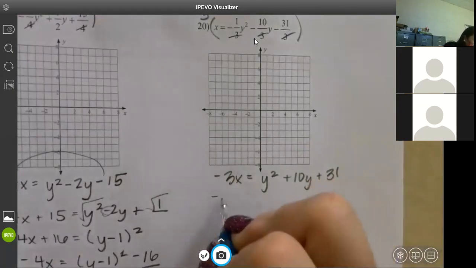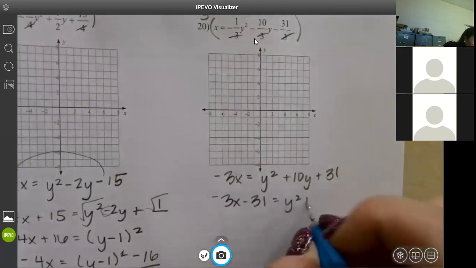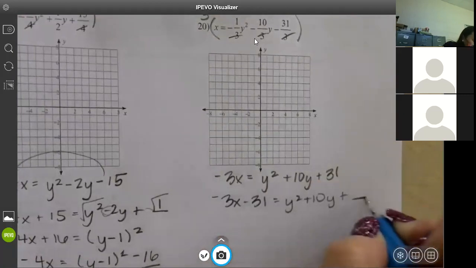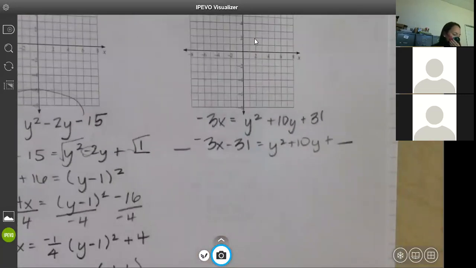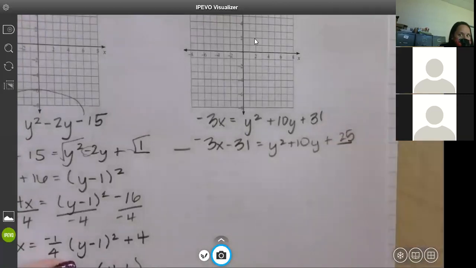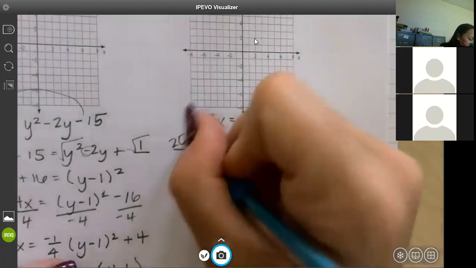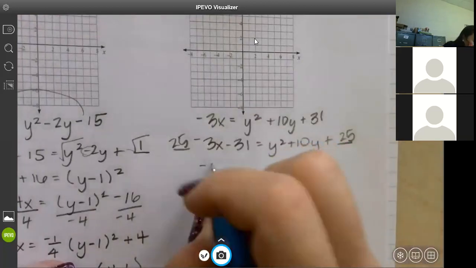Subtract your 31. And then put your blanks in since there's nothing to take out. 10 divided by 2 is 5. Squared is 25 on both sides. 25 minus 31 is -6.